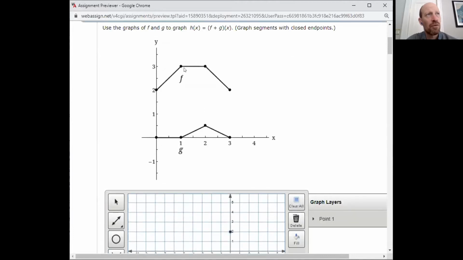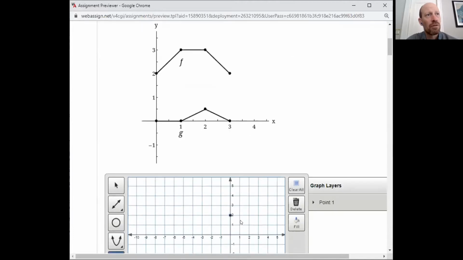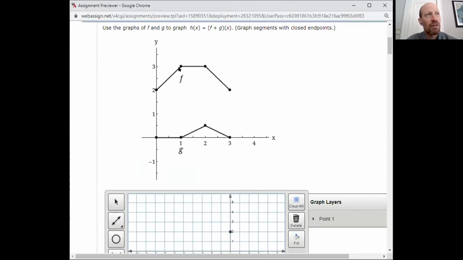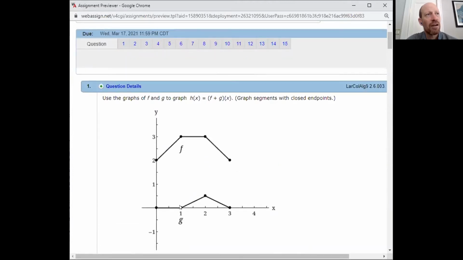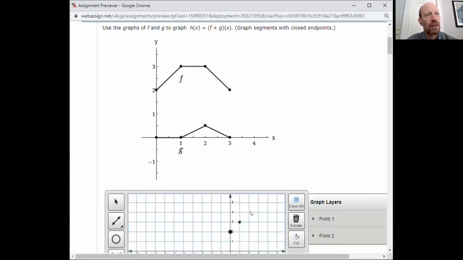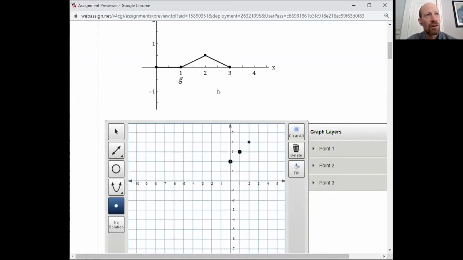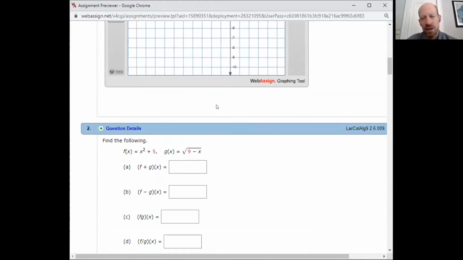And you just kind of move through as x goes to 1, right? I add that together and I get another value there. When x is 2, it's going to be 3 plus 1. So I get another value there. And then you can connect all of those with your line to get your new function h, right?